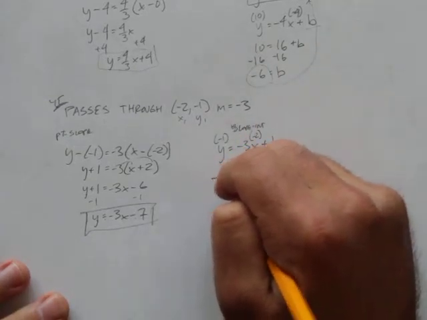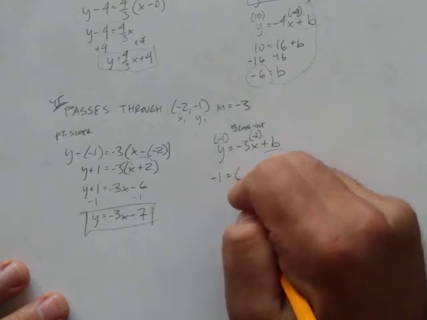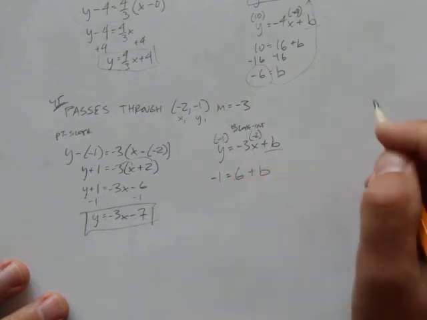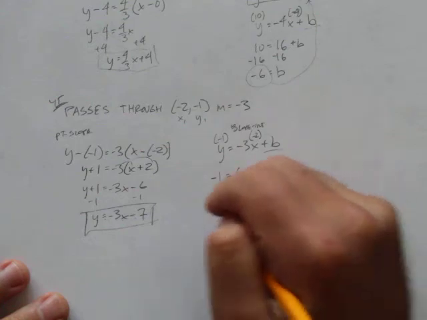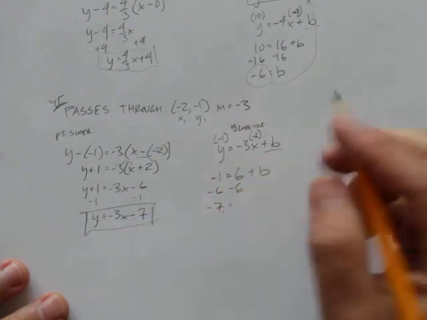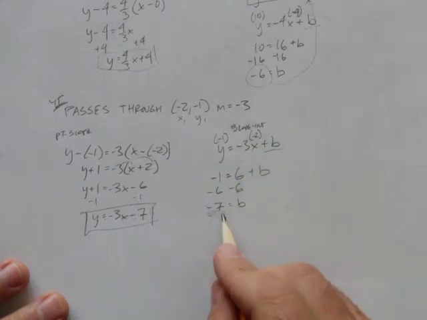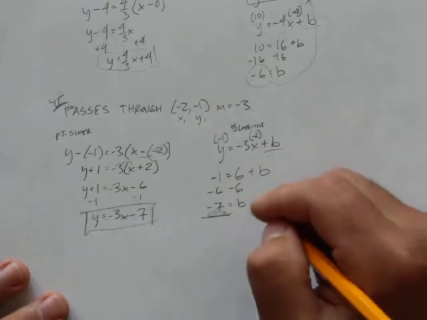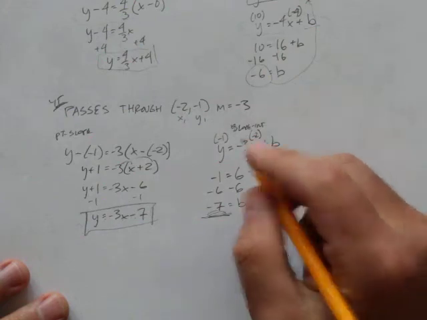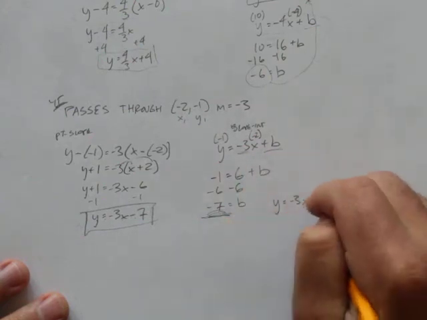So negative 1 equals negative 2 times negative 3, which is positive 6, plus b. Subtract 6 from each side, and I get negative 7 equals b. So now I know my y-intercept, and I can plug that back into my original formula. Y equals my slope, which is negative 3, x minus 7.